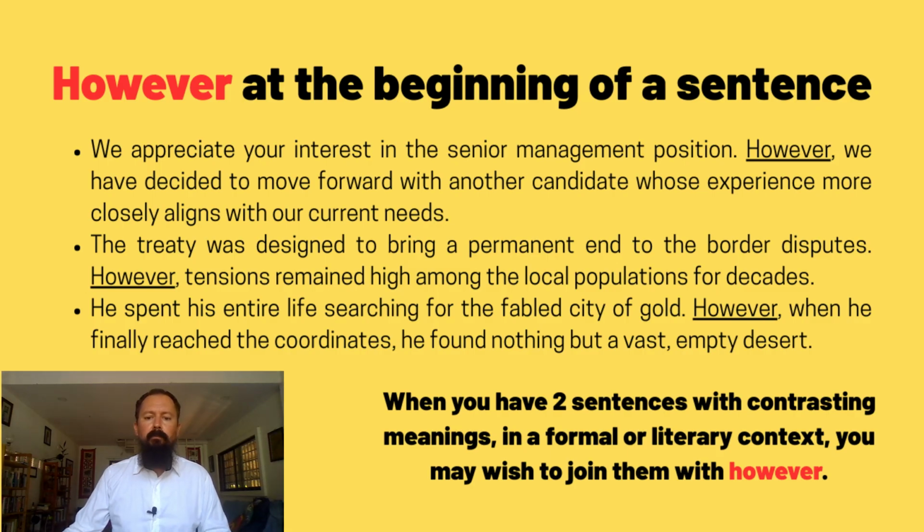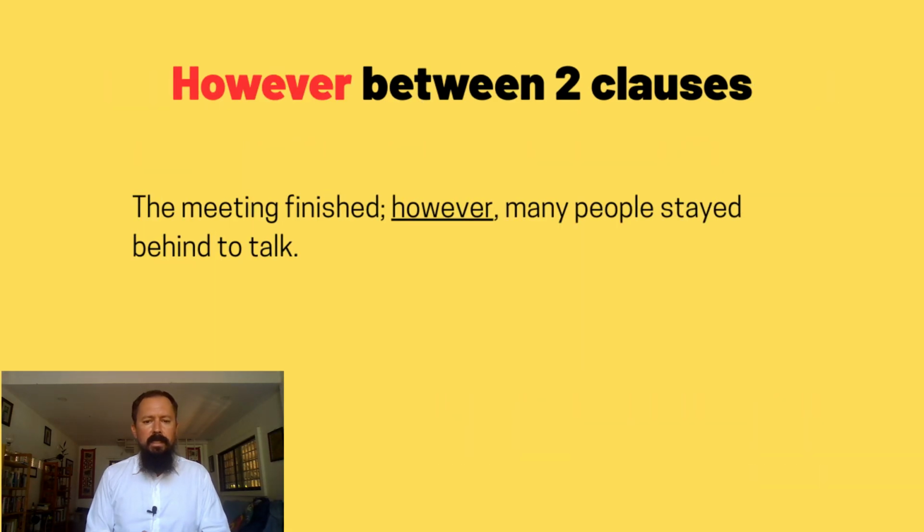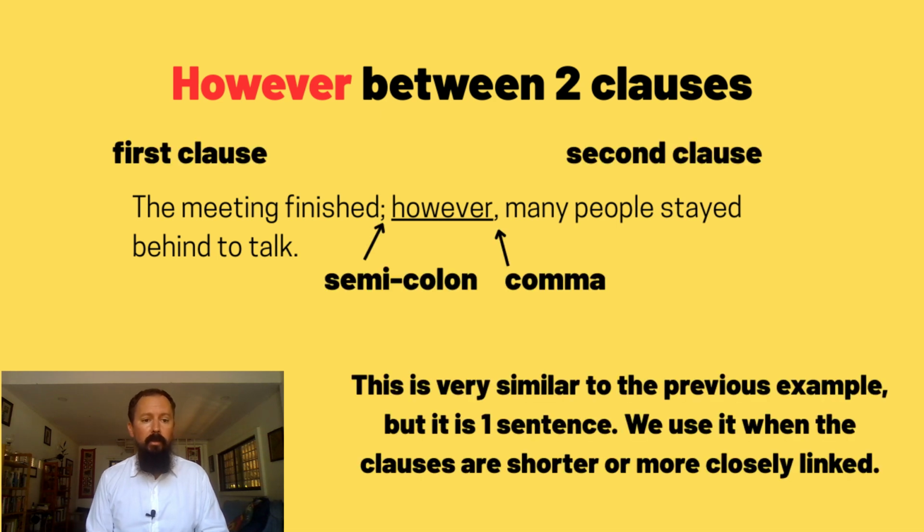We'll see that here. So this is our second rule, and you can see it's very similar. In fact, all the words are the same. So what's different? Instead of a full stop, we have a semicolon here. So this means that our 2 sentences are now just 1 sentence. So what's changed here?